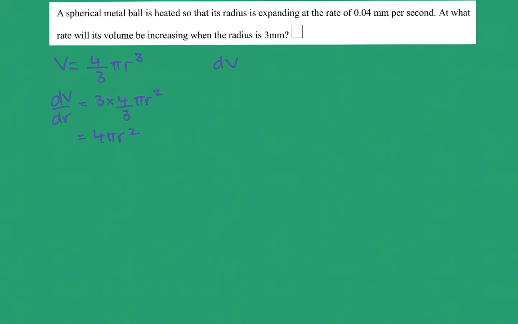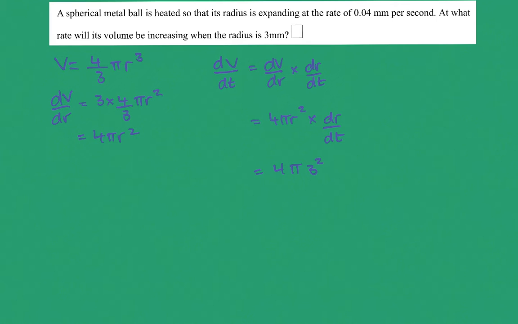Now we want the volume increasing, so we want dV/dt. Using the chain rule, dV/dr times dr/dt. We have dV/dr with an equation, and we have dr/dt because that was in the question. So 4 pi r squared times dr/dt.